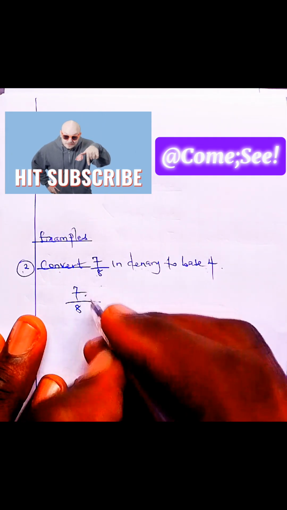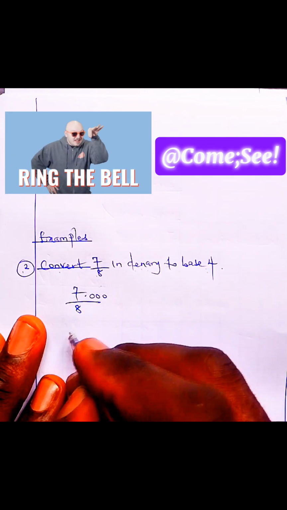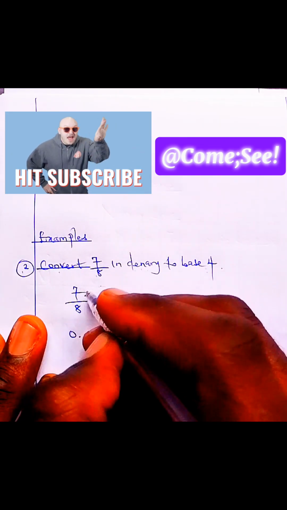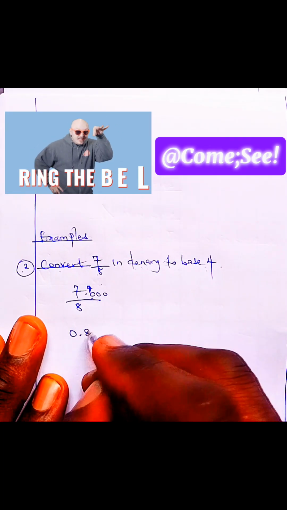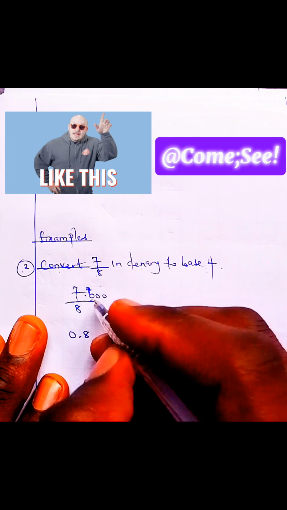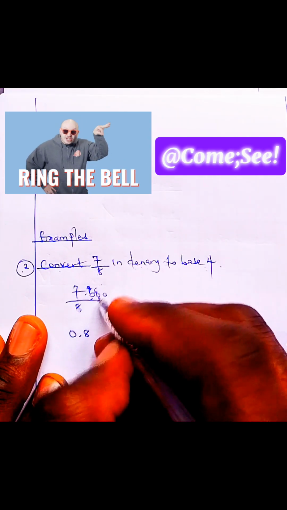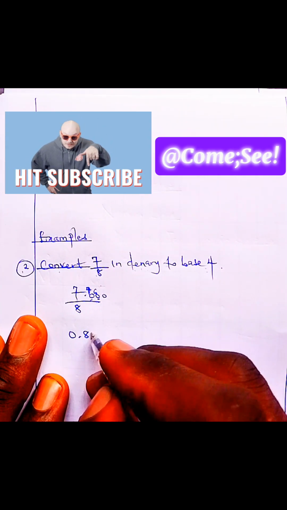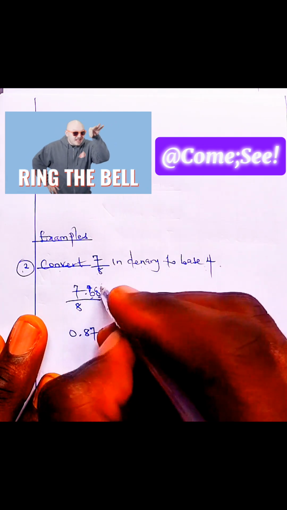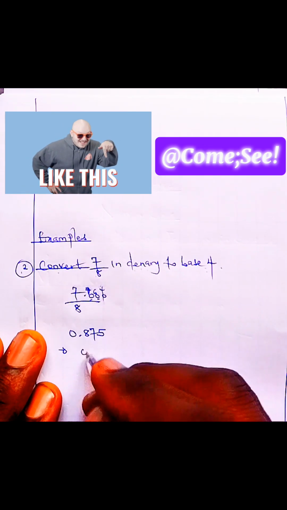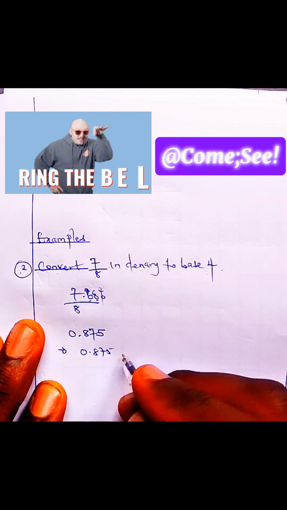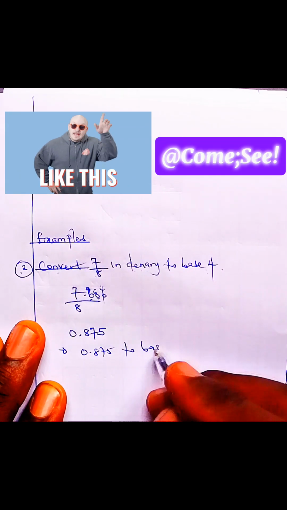I'll use my long division to do this. 8 into 7, 0, remainder 7. 8 into 70 is 8, 64, remainder 6. Then 8 into 60 is 7, 56. Remainder 4. 8 into 40 is 5. So we can say convert 0.875 in base 10 to base 4.